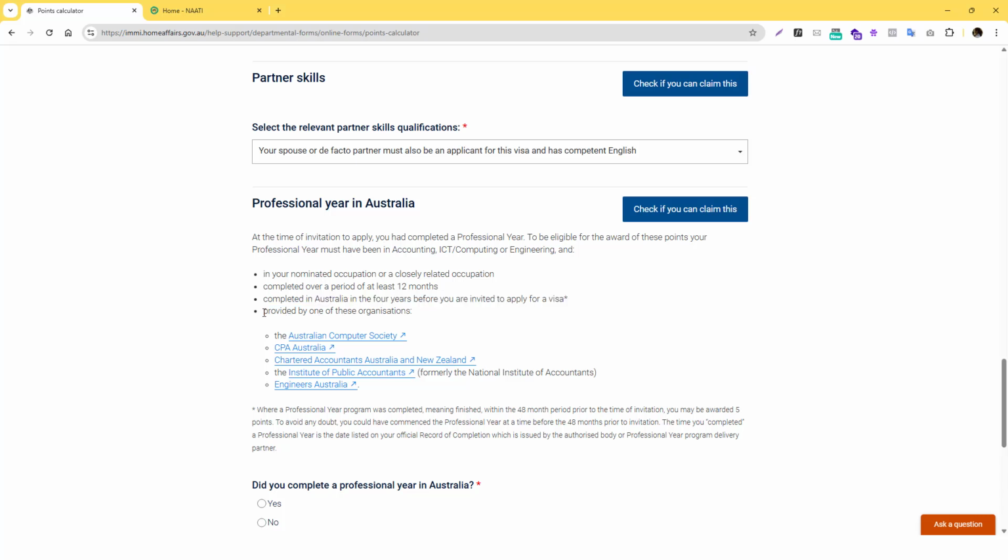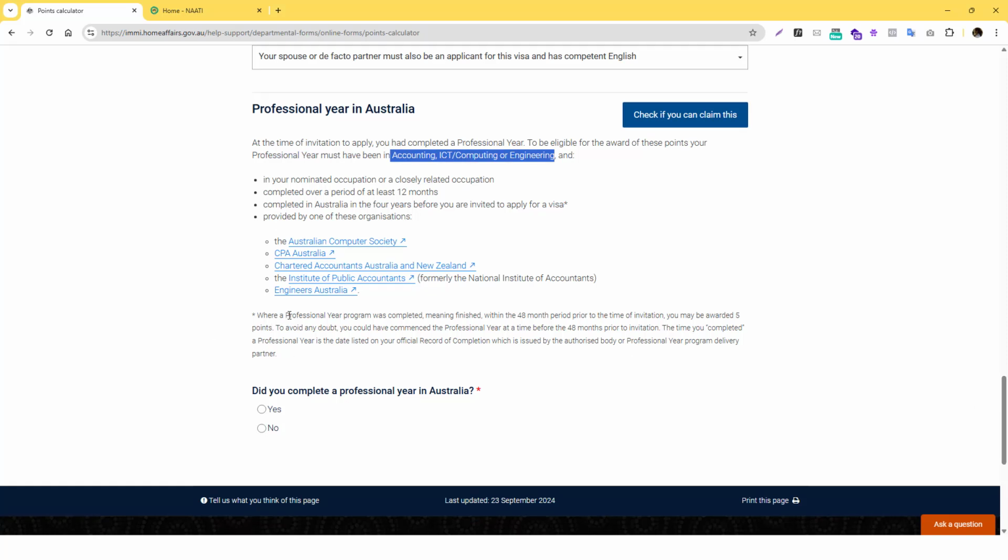And it is provided by organizations like ACS for computer science or IT, CPA for accounting, or the Institute of Public Accountants, or Engineers Australia. So when you say professional year, these are the categories stated here, where a professional year program was completed within the 48-month period prior to the time of invitation, you may be awarded extra points.